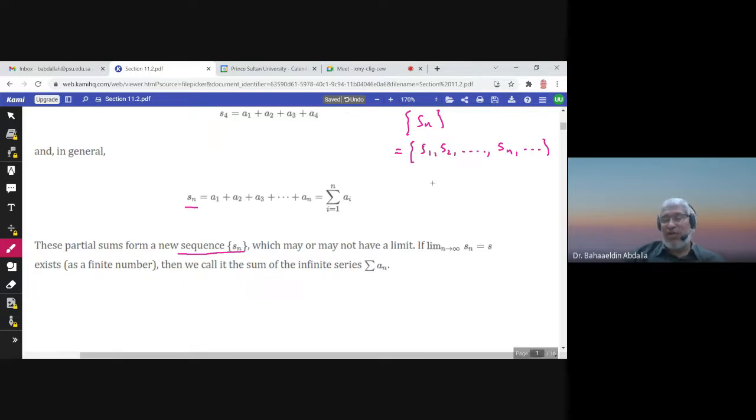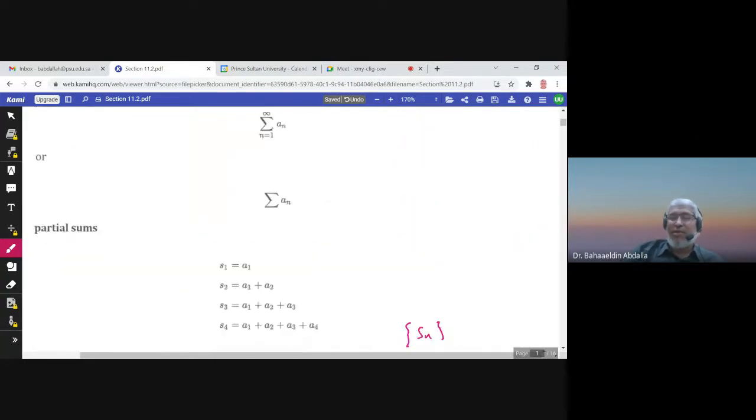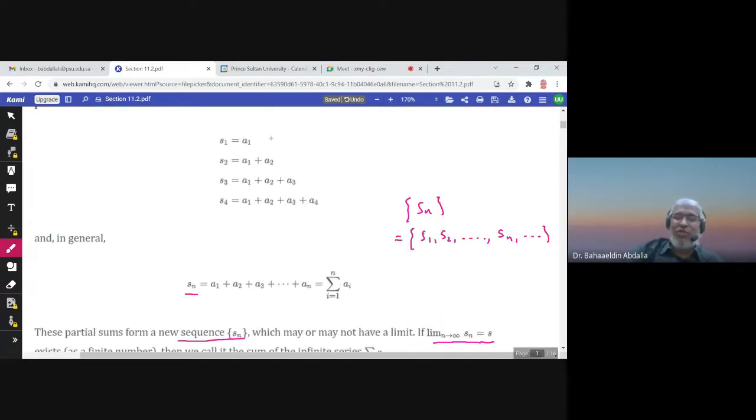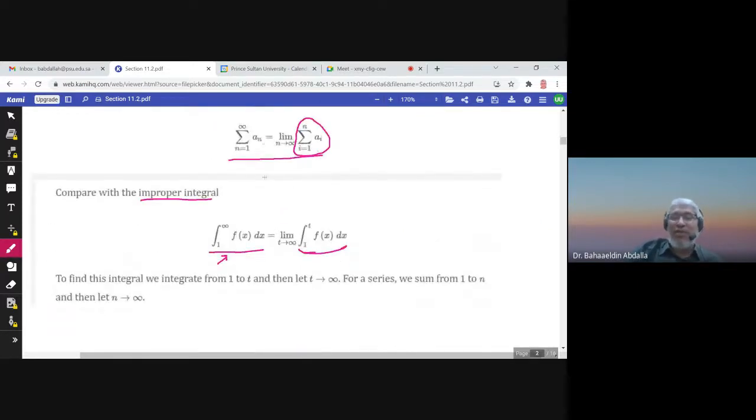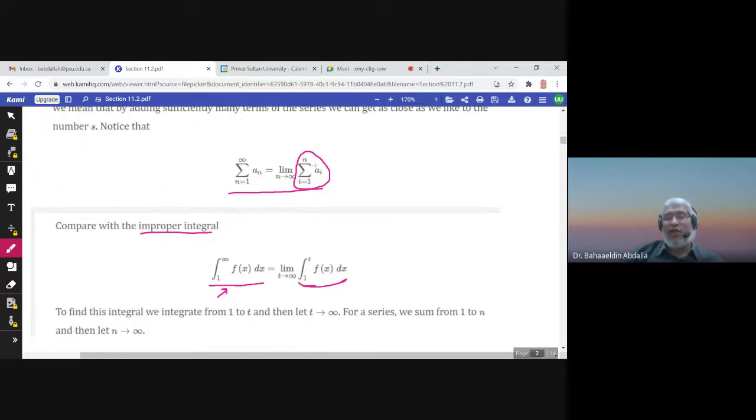If it is convergent, if it has a limit, if the limit of Sn when n goes to infinity is S, this means that when you take n to infinity, you reach the series. That's what we said, yes? The series would be the limit of the nth partial sum.